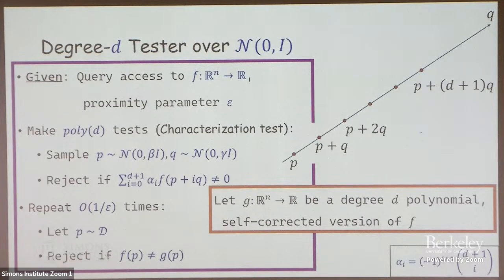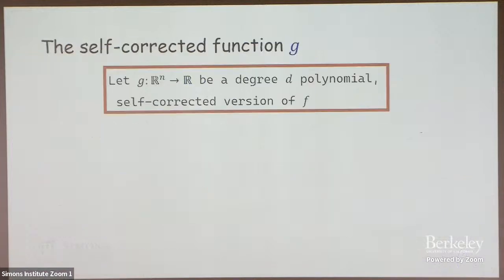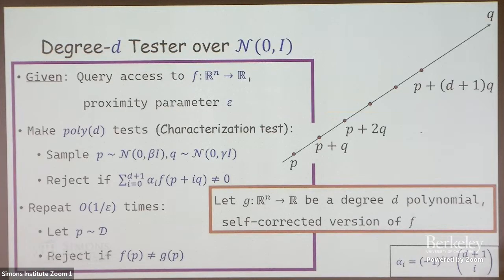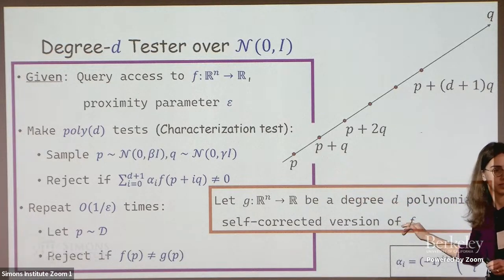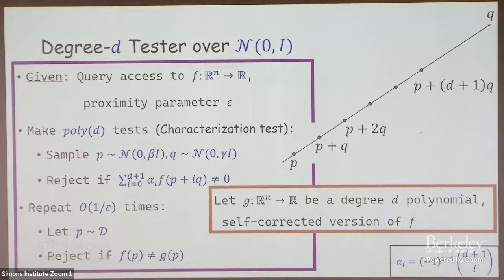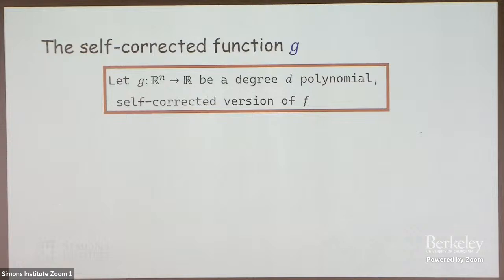Just note that the time that we get to use g is only after we did the characterization test. So what we want from g is that if it passes the characterization test, then it's a degree d polynomial. Otherwise, we are fine: we just reject it, and we are done. This is our mission, to reject.